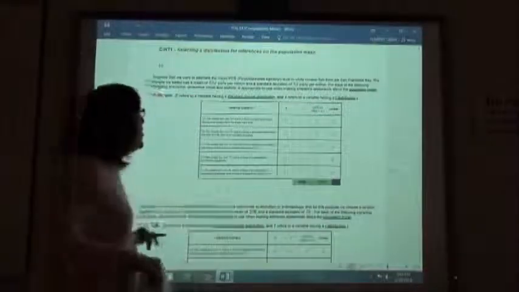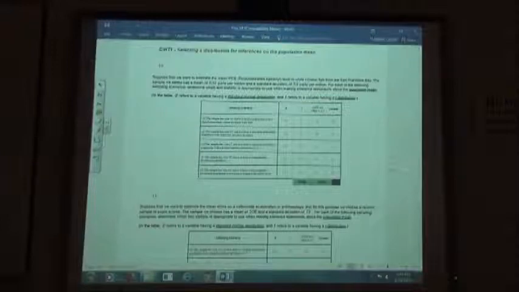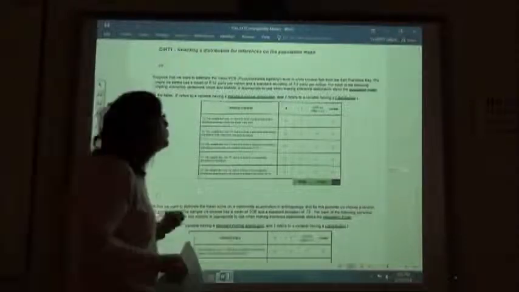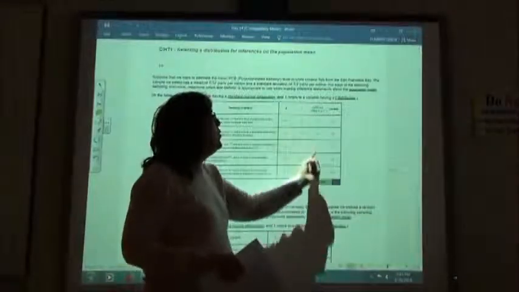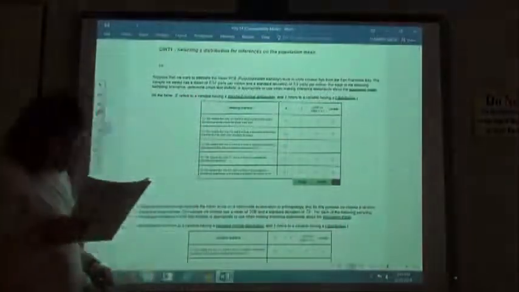The T, we started off with the T today. If you're going to use the T, the standard deviation is unknown and it has a small sample size. You can use either the Z or the T if your sample size is large and it's not normally distributed.